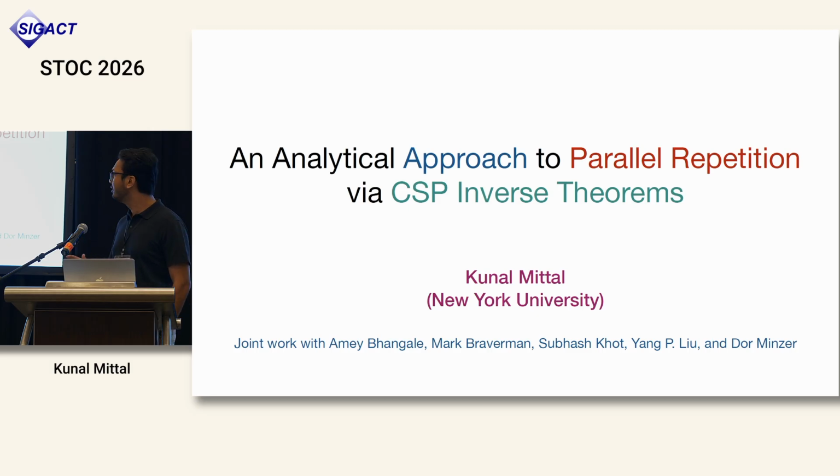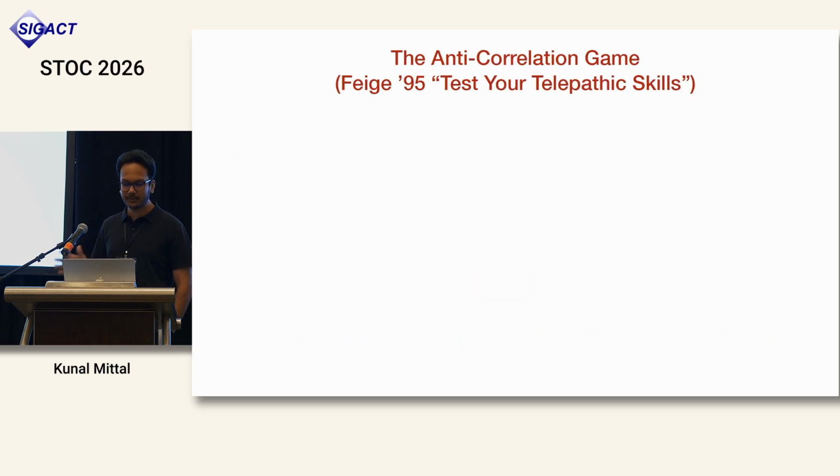Before I get into what each of the terms in the title means, first I need to define what are called multiplayer games, which are very crucial to the topic of parallel repetition. The best way to define it is to give you a concrete example of a multiplayer game, which is the anti-correlation game.